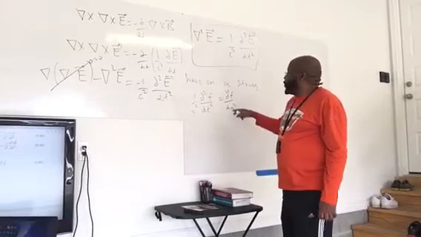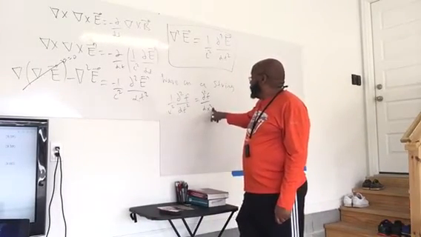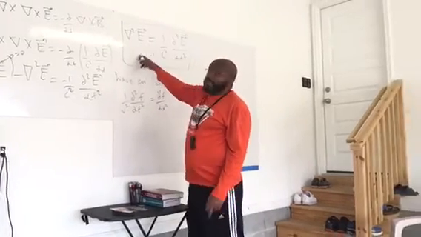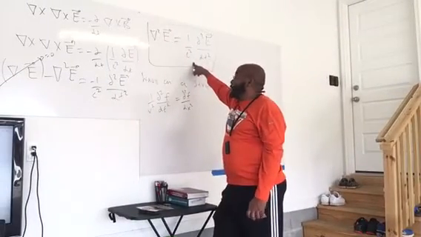That's for a one-dimensional wave that we determined last time. Comparing this one to that, you can see that this is a three-dimensional wave equation for an electromagnetic wave.